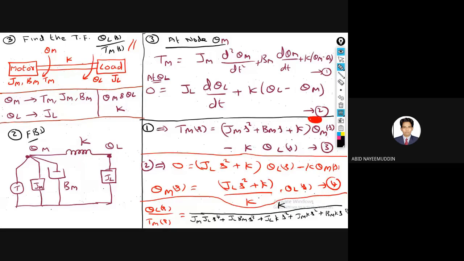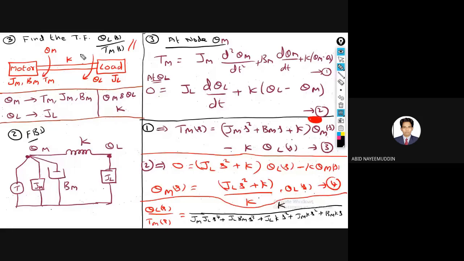Compare your answer with this one. Almost you will be getting the same answer. Okay, here is the end of this problem.